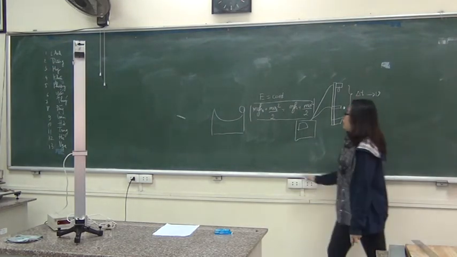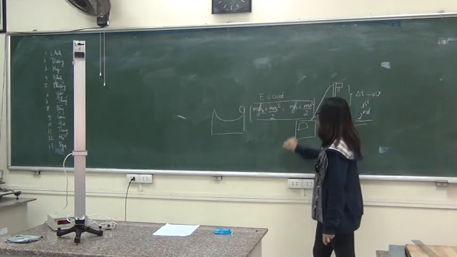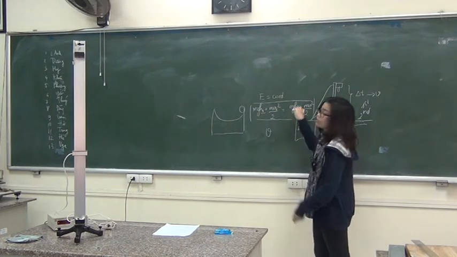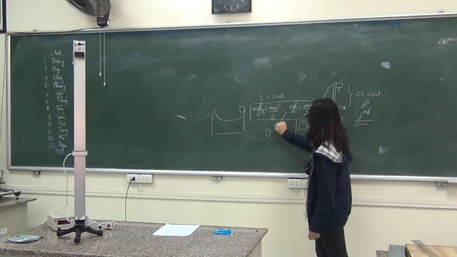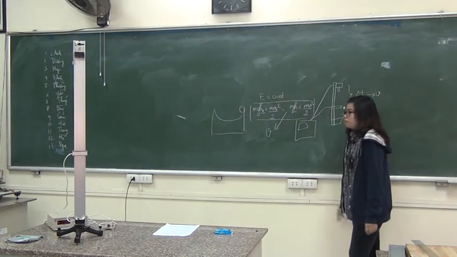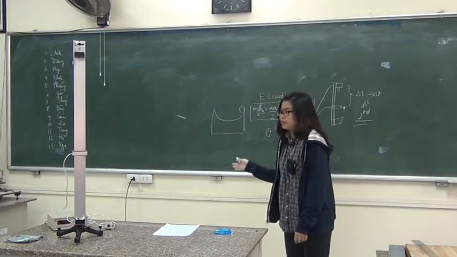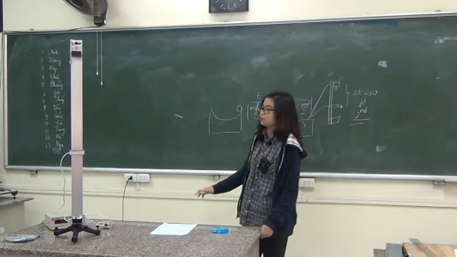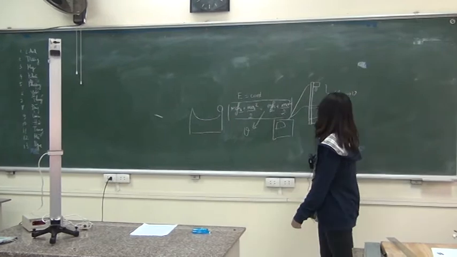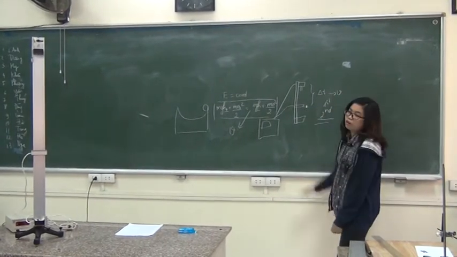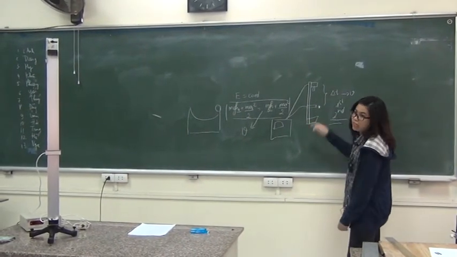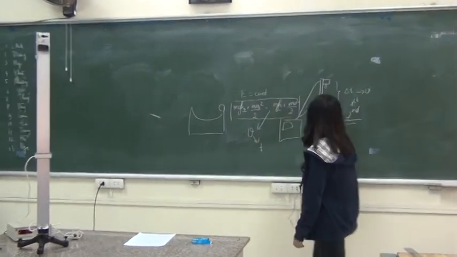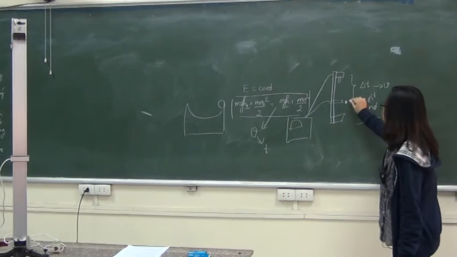Then they can choose h0 and h, and then they can measure v, and they can calculate v from this equation, by the assumption that the instantaneous velocity here is equal to the average velocity while an object blocks the photo gate. Then they can calculate the time t when the object blocks the photo gate.